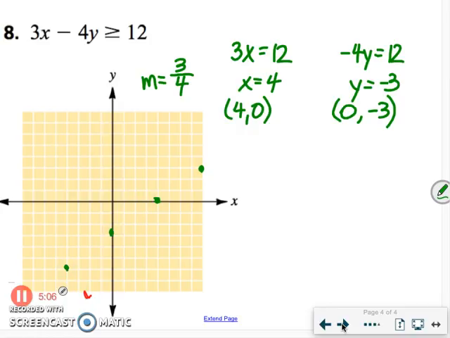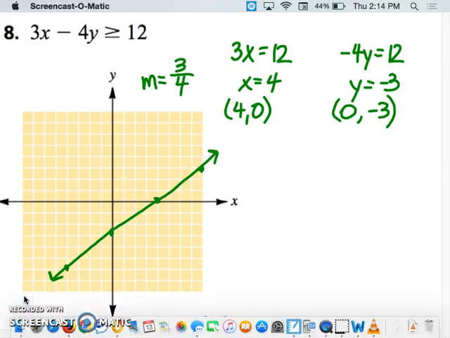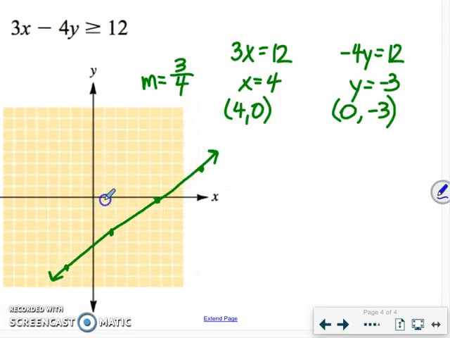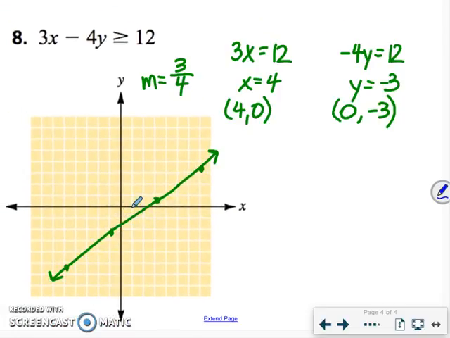My symbol is greater than or equal to, so I'm looking at a solid line. There's a nice solid line. All right, so we have a nice solid line, and then we want to pick the origin because, once again, it's not included on our line.